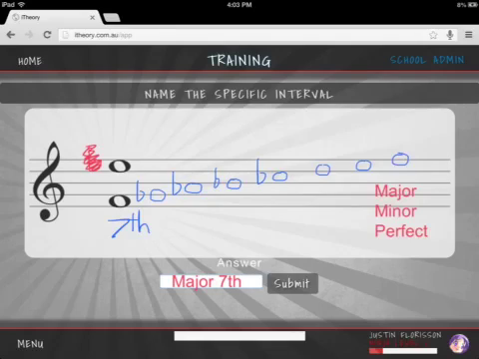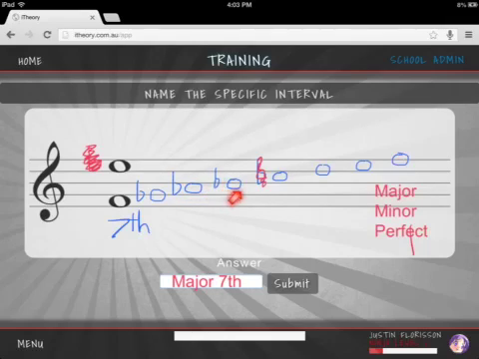Now, oops, I just made a mistake. I'll get rid of that one. The problem we have here, though, you might notice, is that this interval here, say I went from F to B flat, so I count the number first, 1, 2, 3, 4, so it's a fourth, and if I went to a minor fourth, I'd be on A, which is actually a major third already, and that's a bit of a problem.